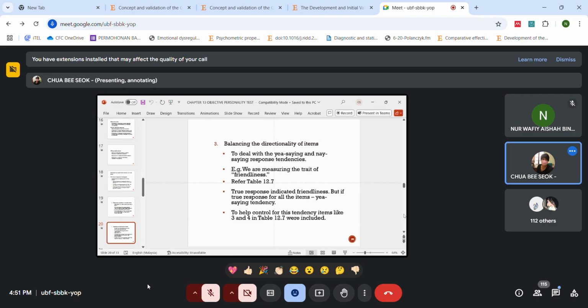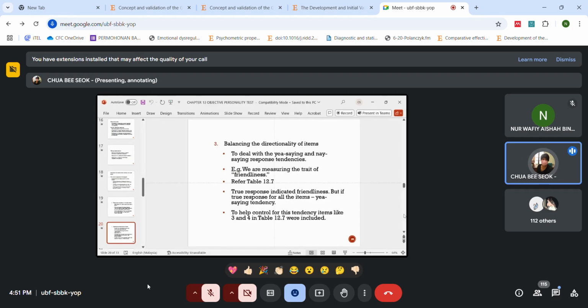Okay, this one we have already discussed, right? The third method, or the third strategy, is balancing the directionality of the item, that is, balancing the items.